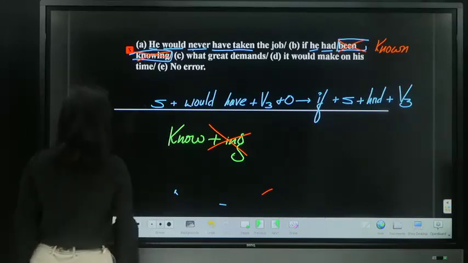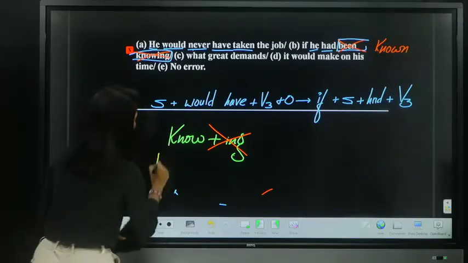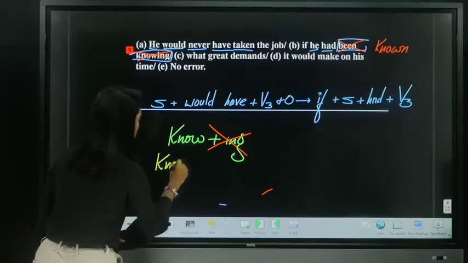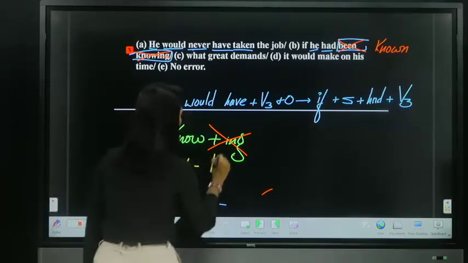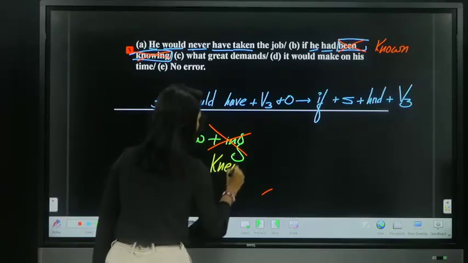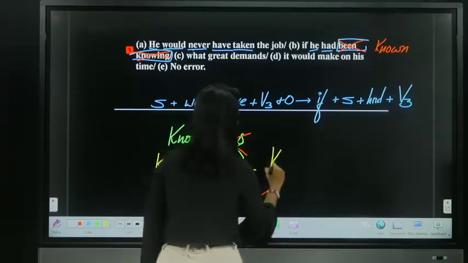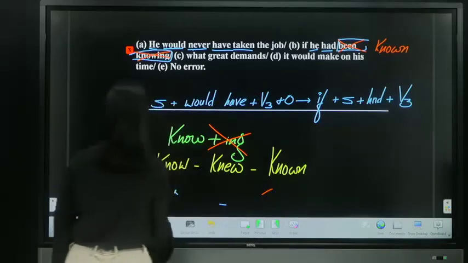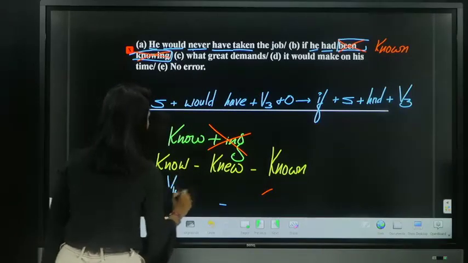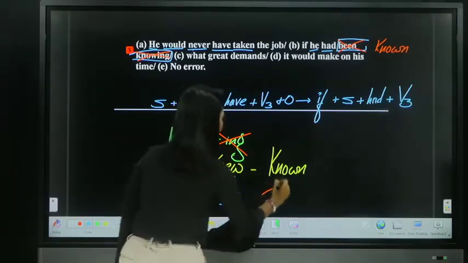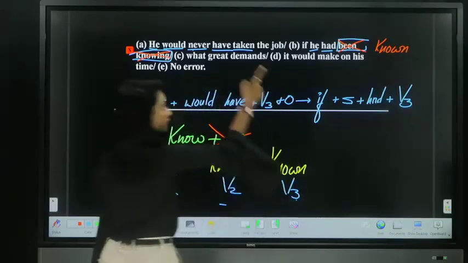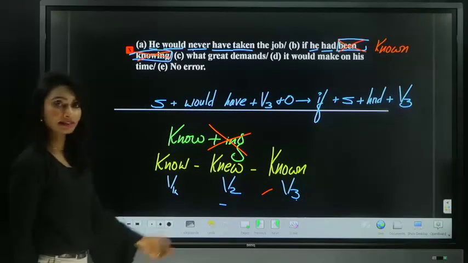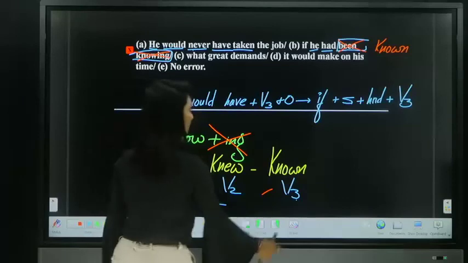So Sunny, the conjugation for know is know, knew, known. So V1, V2 and V3. So V3 form is known. I hope it is clear. Now let's move on to the next one.